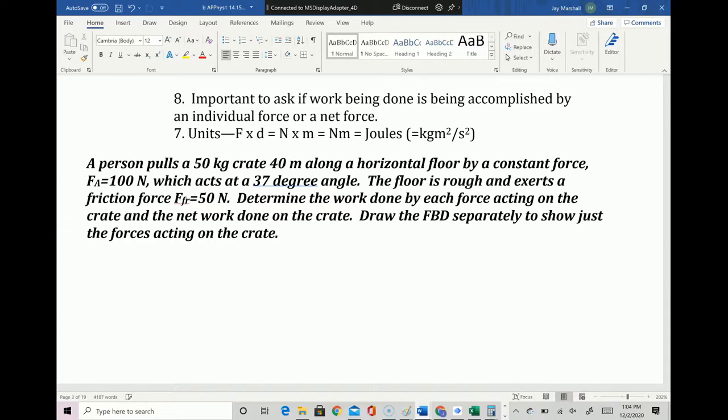Just a reminder, we can always know what the units of newtons are because we know that force is mass times acceleration, which is kilograms times meters per second squared. So newtons are kilogram meters per second squared.